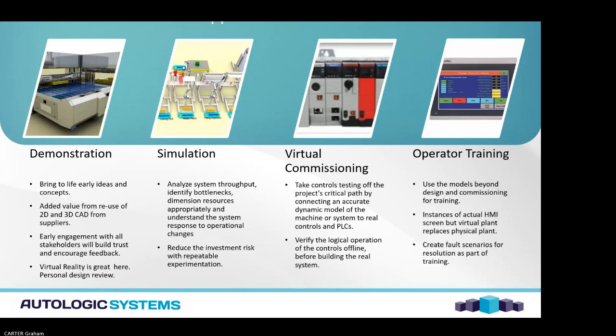So our ideas and concepts mature into scheme designs and final designs, which brings us into the simulation space. So here, this is the robust space of proving a throughput. Okay, we want to understand the capacity of our plant. What's its limits at peak? Can we identify any bottlenecks?